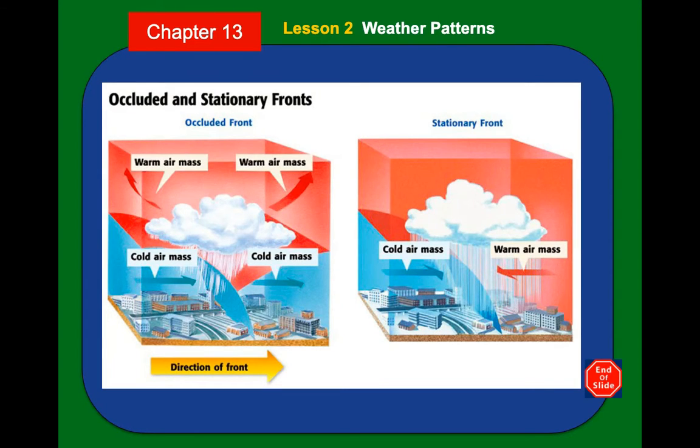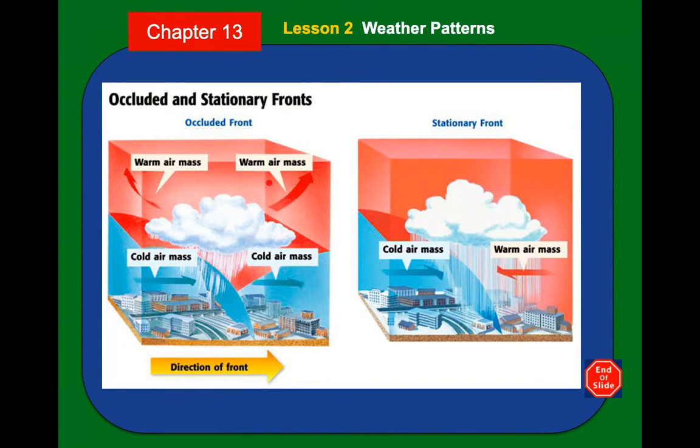So here's a diagram to go along with these. So the occluded front first, everything is moving to the right again, direction of front, as you can see. The arrow is pointing down here at the bottom. So everything is moving to the right. Two cold air masses. So this cold air mass is running into the second cold air mass, trapping the warm air mass above it.